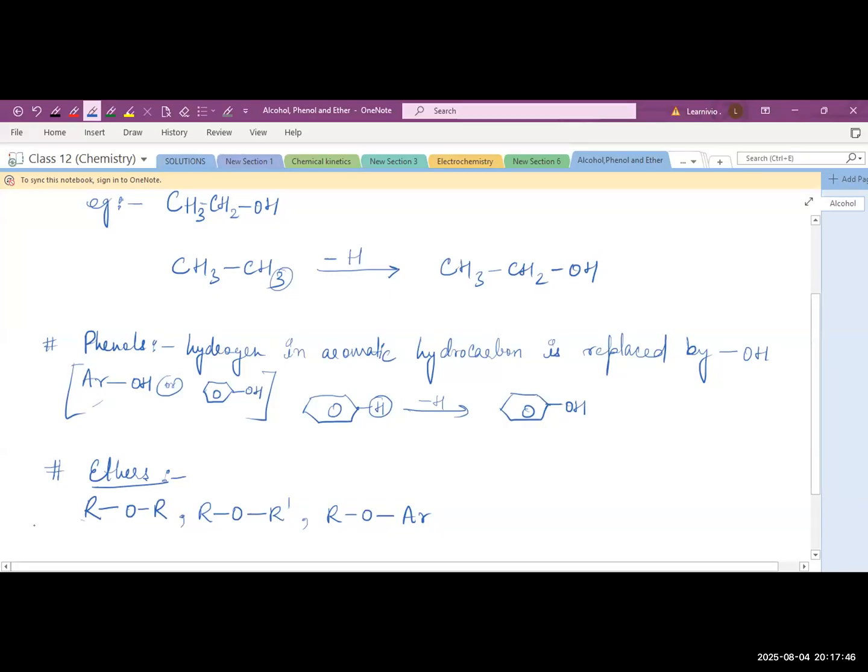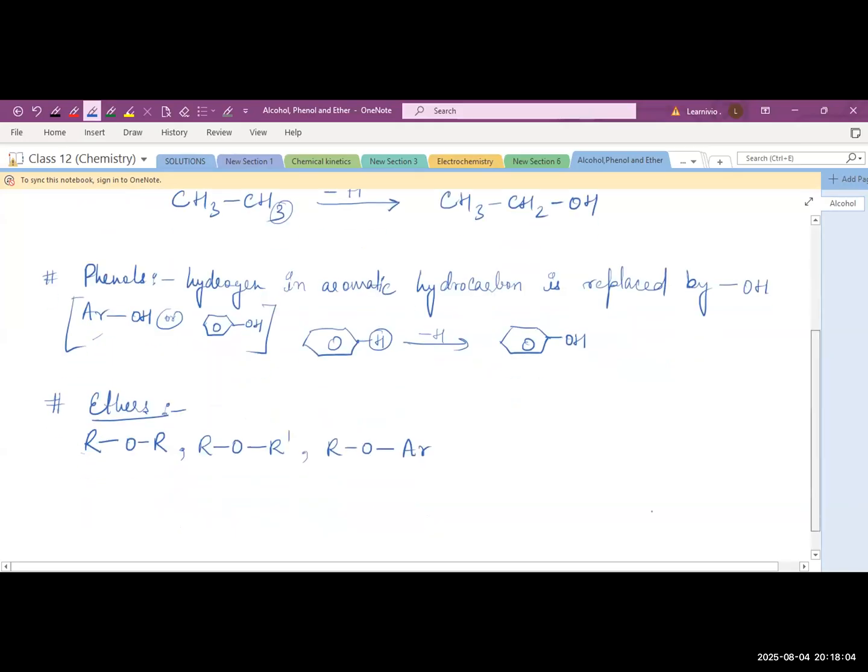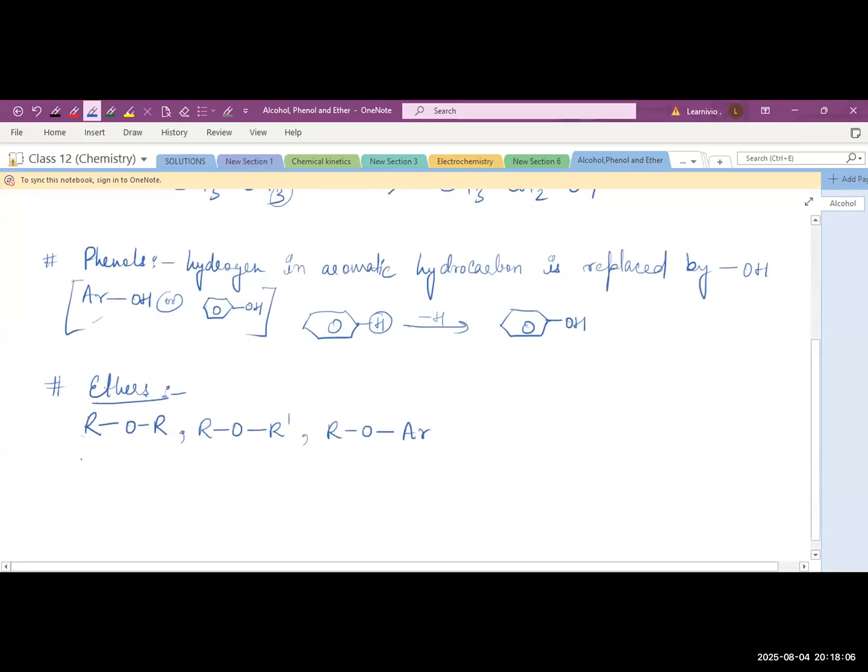When the hydrogen atom in a hydrocarbon chain is substituted by an alkoxy group or aryloxy group, we get an ether. When you use the aromatic aryl group, you write the aryloxy group, and for the alkyl group you write the alkoxy group.